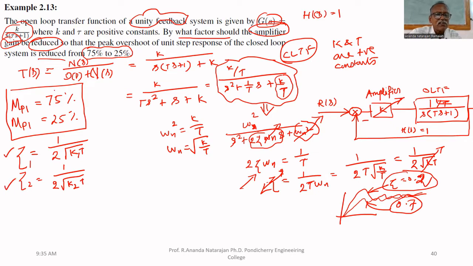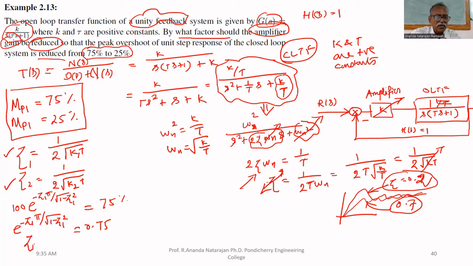For that, the 75% and 25% are given. What is the formula? Mp1 equal to 100 e power minus zeta 1 pi upon square root of 1 minus zeta 1 square, equal to 75%. It means e power minus zeta 1 pi upon square root of 1 minus zeta 1 square equal to 0.75.